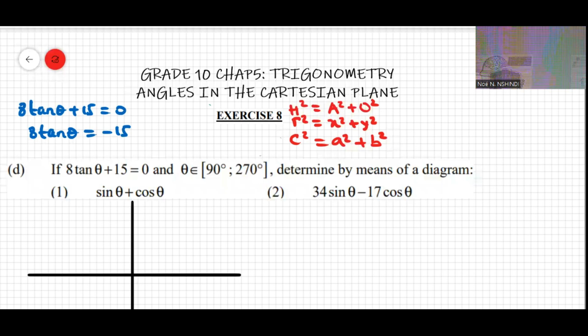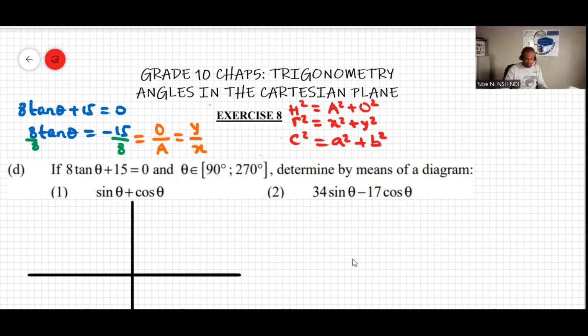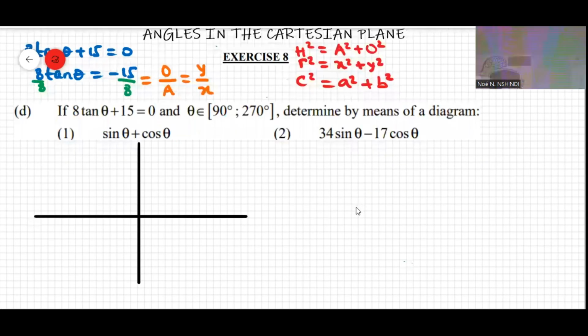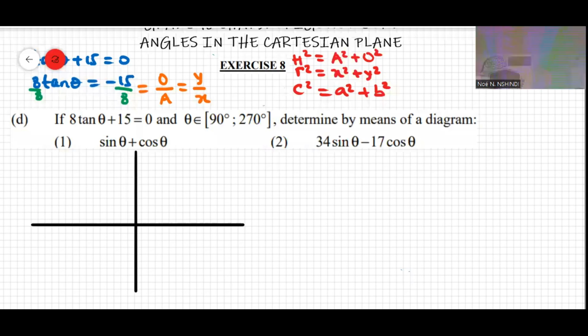Then if we divide both sides by 8, we cannot simplify this further, so we can just say tan is opposite over adjacent, or sometimes known as y over x. I am going to draw my triangle, but you need to take into consideration 90 degrees to 270 degrees. So we know that our solution must be on this side. Our triangle must be this side. The solution is over here.